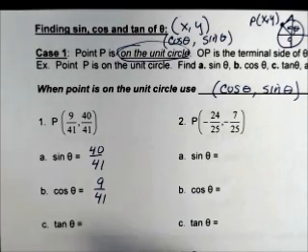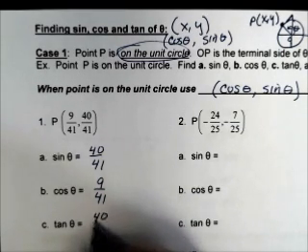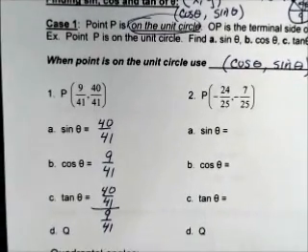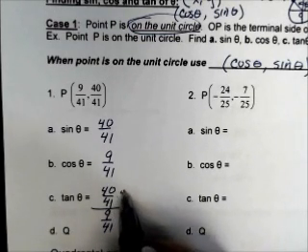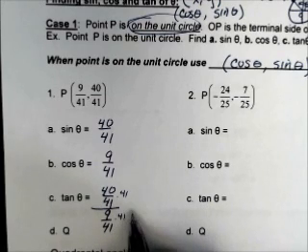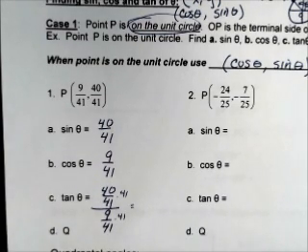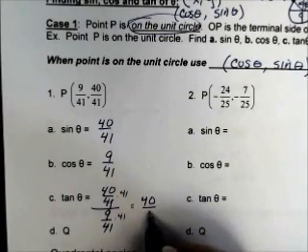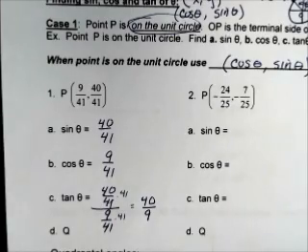Tangent is sine over cosine, so it would be 40/41 over 9/41. If the denominators are the same, 41, then they can just divide right out. It's the same as multiplying the complex fraction by the least common denominator of 41. They divide out. So simplifying, we have 40/9 as the tangent.